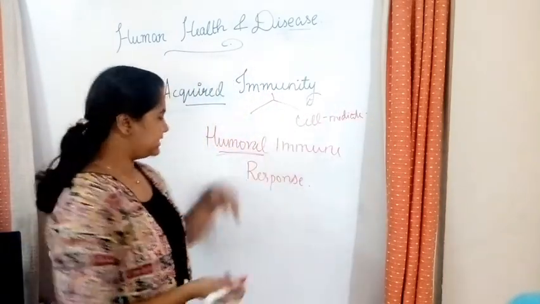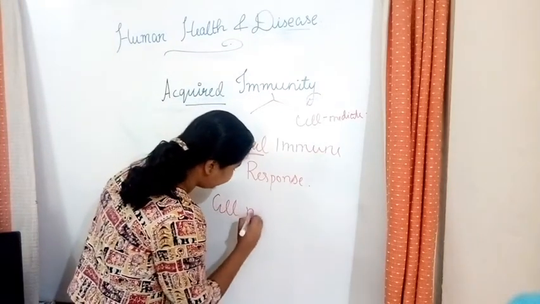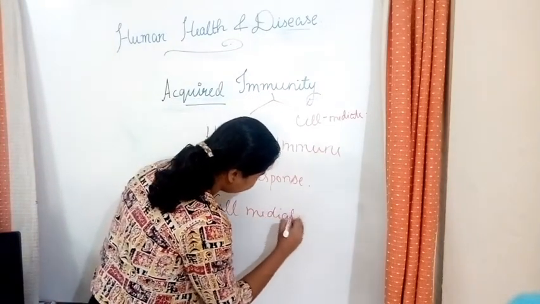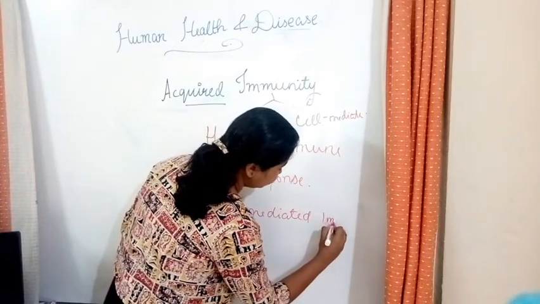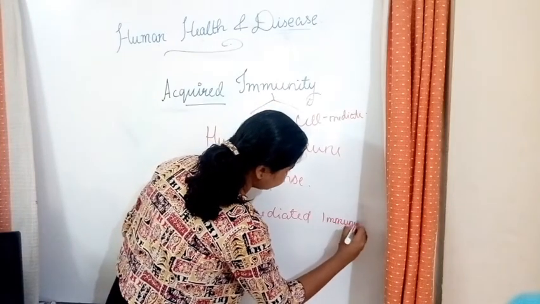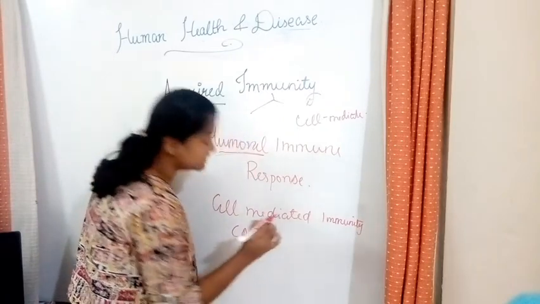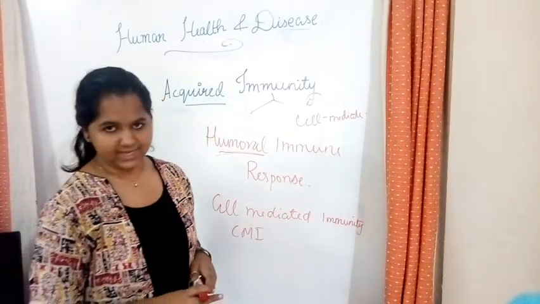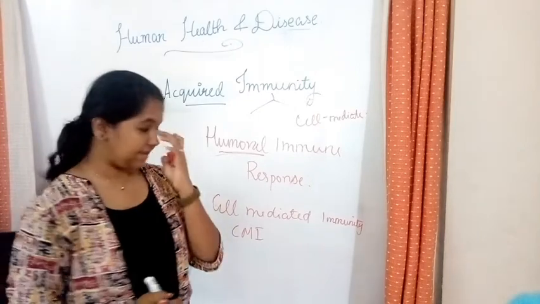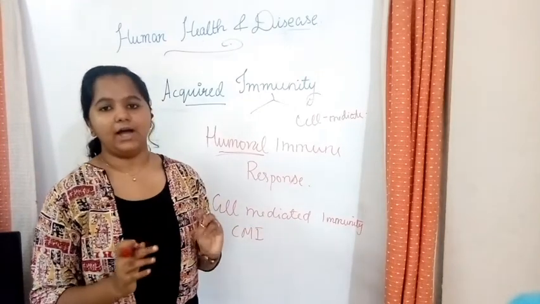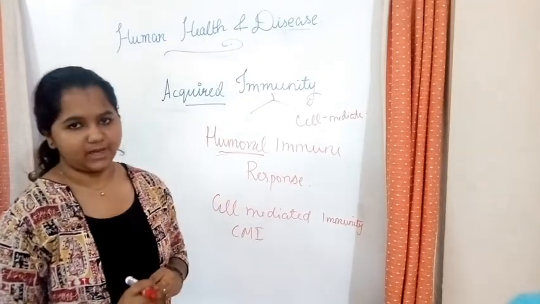Okay. So the second one is cell mediated immunity. That is CMI. It is mediated by T lymphocytes. Okay. The example for cell mediated immunity is, let's take, an organ transplantation happening.